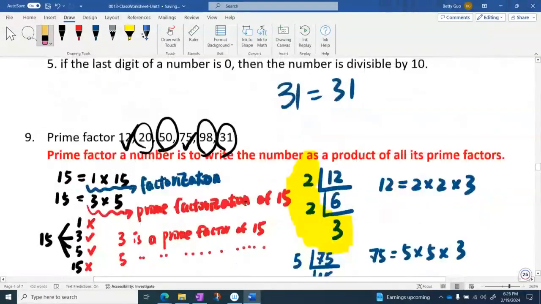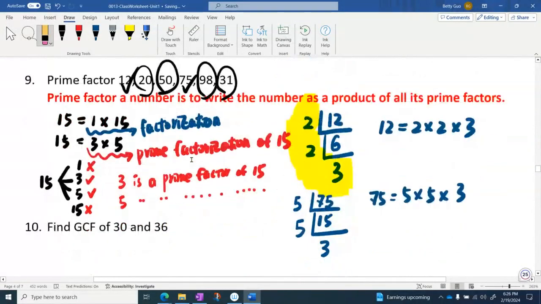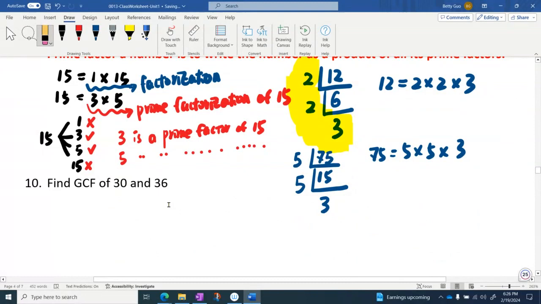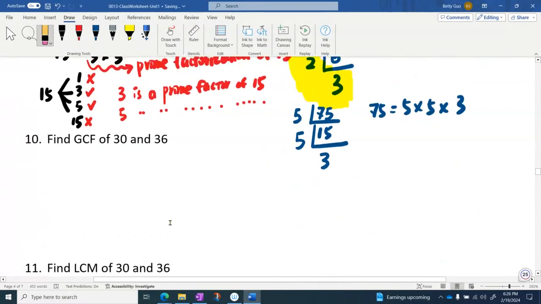So that's a very important technique. We use this technique to prime factor a number. Now, why do we need to learn how to prime factor a whole number? Because we need to use that technique to learn how to find a GCF and LCM for any given two whole numbers.